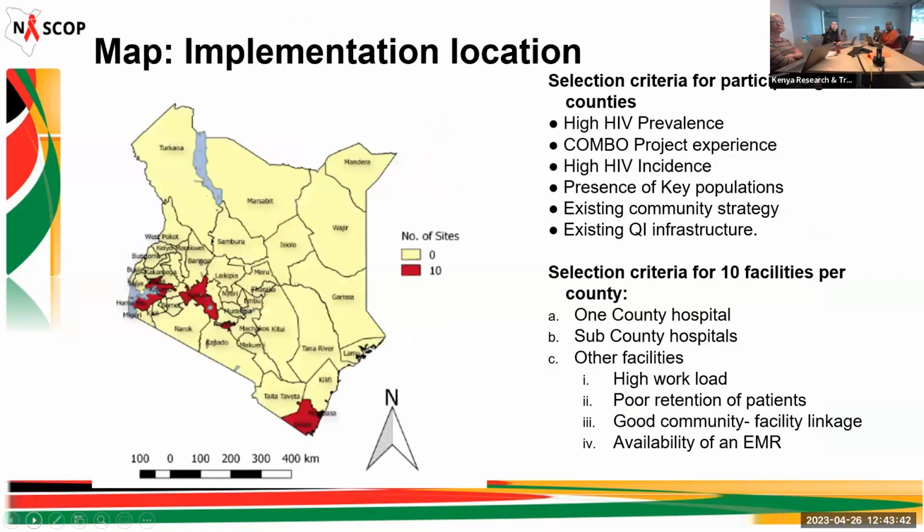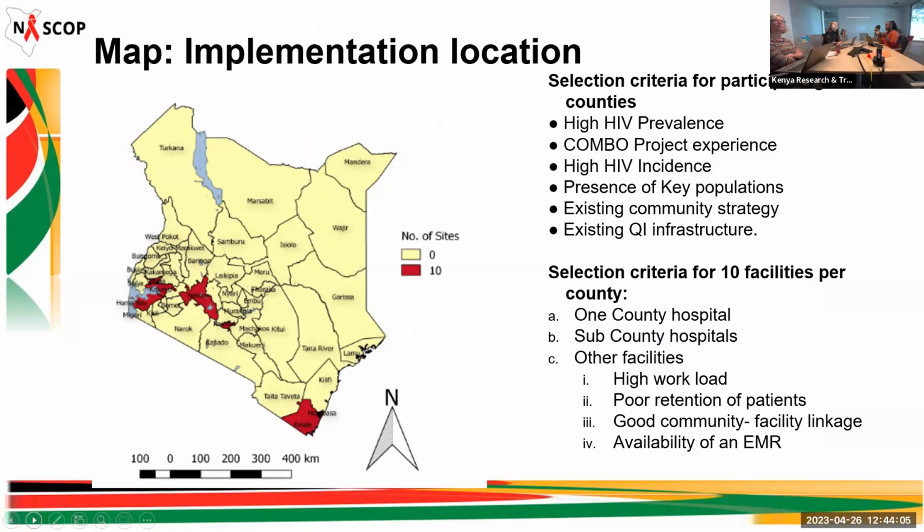Next. And so the work was selected in 7 counties, as I'd mentioned, and there was a selection criteria for that. And most importantly is that we're contextually looking at what was going on in the country in the rapid test and start. So, high prevalence, high incidence, and also where the volume of work is.